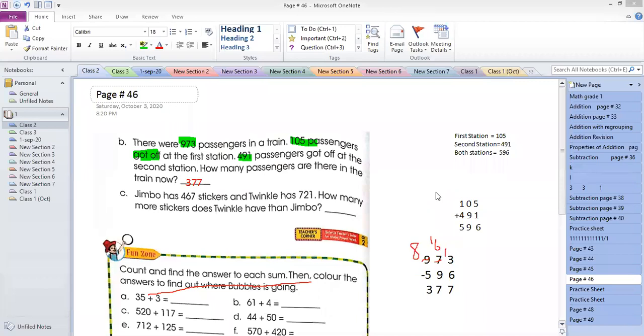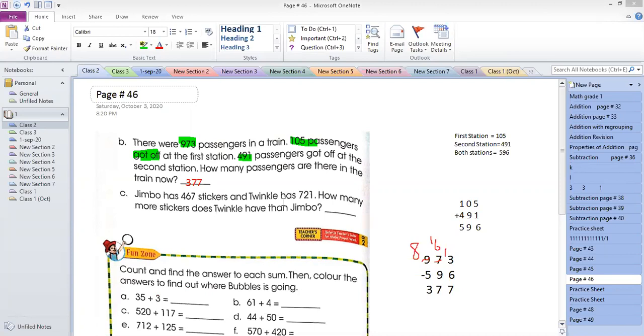Okay guys. What is the second question? Second question is, Jimbo has 467 stickers and Twinkle has 721. How many more stickers does Twinkle have than Jimbo? How many total stickers Jimbo is having? 467.